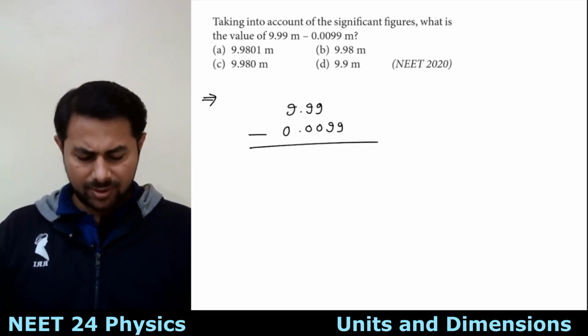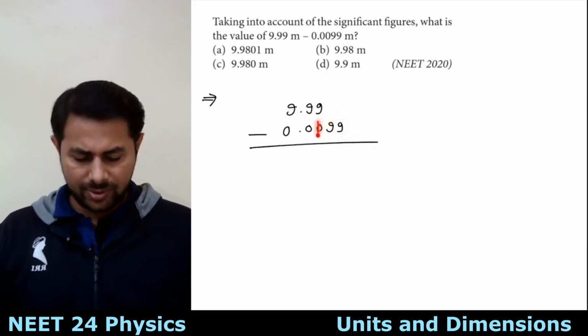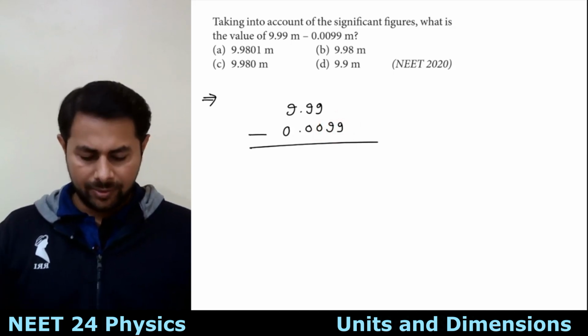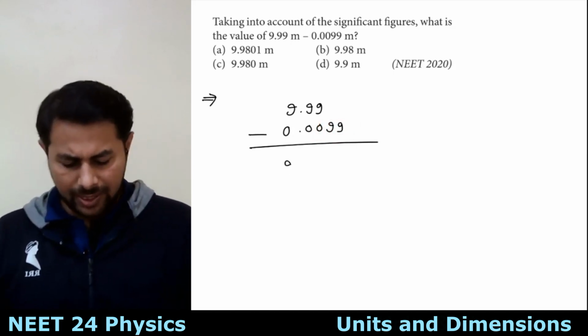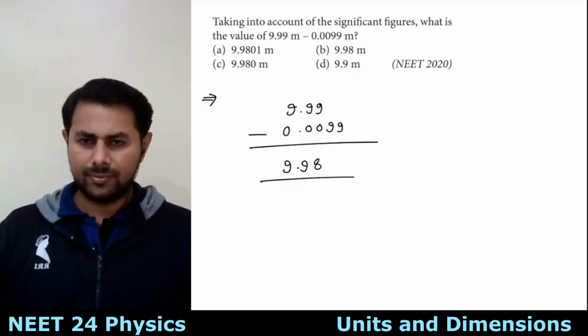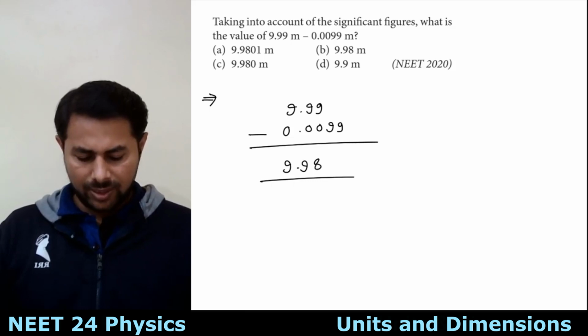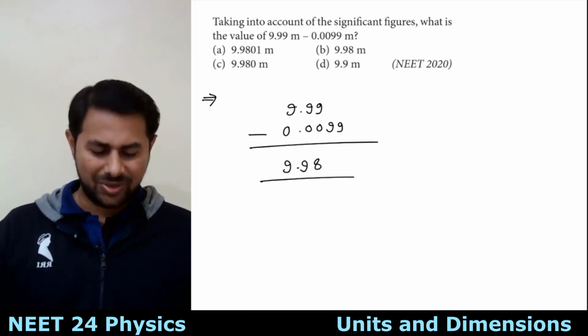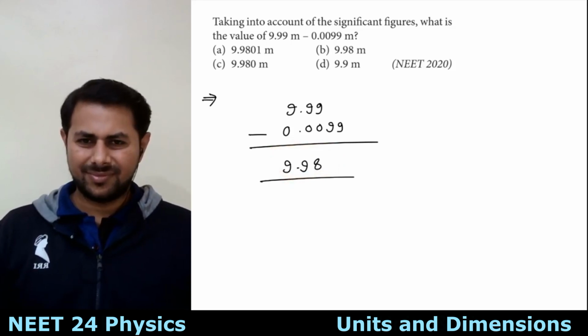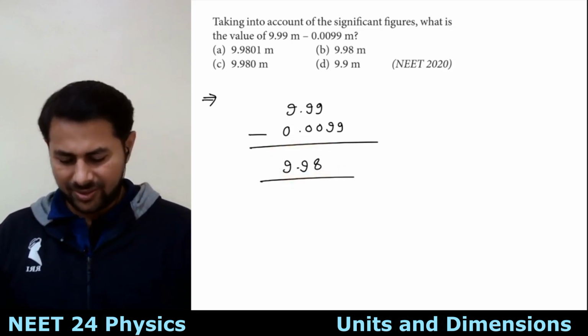Just round this off. So it will be minus 0.01, right? So the answer would be 9.98. That's it. You can carry out the subtraction and round it off, still the answer will be the same, right? So it's option B.